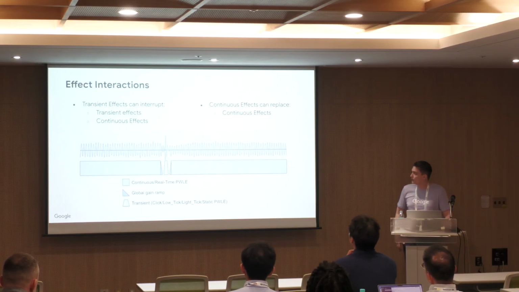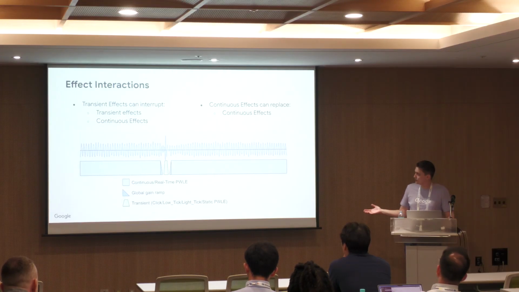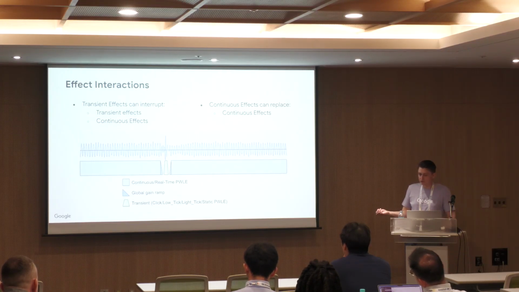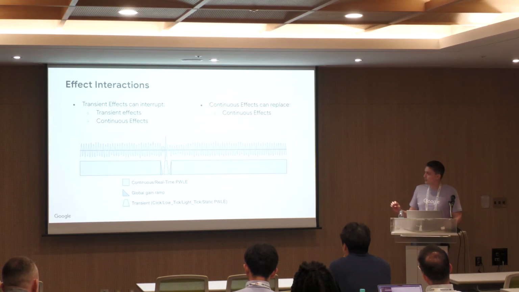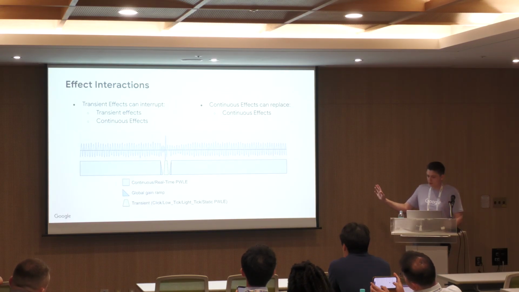We can combine these new effect types and the features that they support in some interesting ways that let us create haptic behavior that was either not possible or difficult to produce consistently before. For example, this is a transient effect interacting with a continuous effect, where we have what we're calling interrupting.